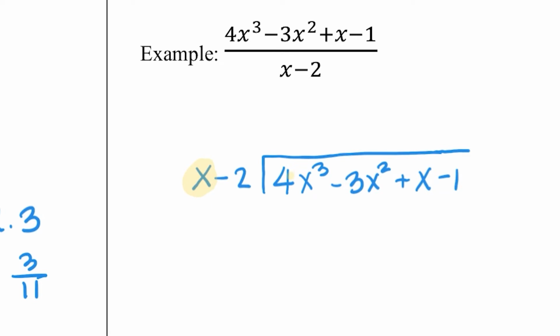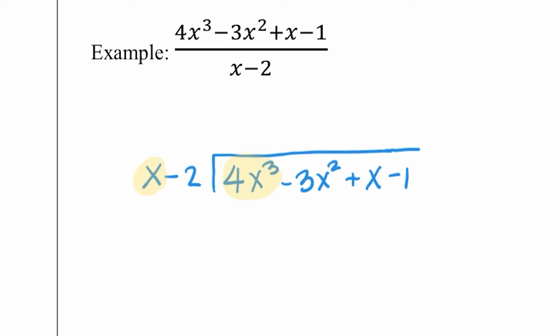Focus on the x and what you would have to multiply that x by to get 4x cubed. So off to the side here, I'll write that. x times what would give us 4x cubed? Well, we would need to multiply by a 4 and 2 more x's, and that's going to be our first term on the top.